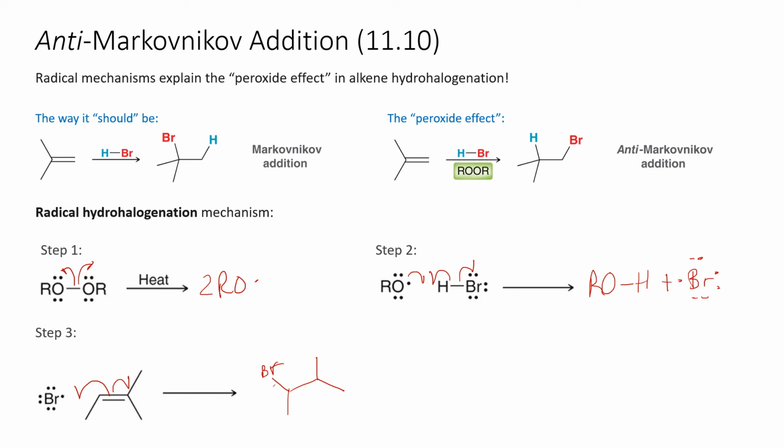So we get the addition of bromine, because remember in our propagation step, we can add to an alkene.